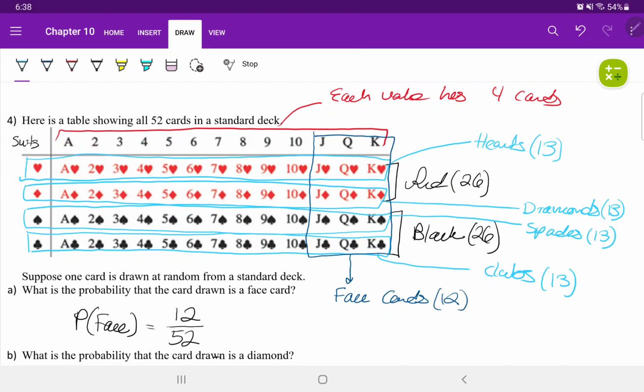Remember, you must reduce your fraction. Both 12 and 52 are divisible by 4. 12 divided by 4 is 3. 52 divided by 4 is 13. The probability of selecting a face card is 3 over 13. In its regular form, 12 face cards out of 52 cards.